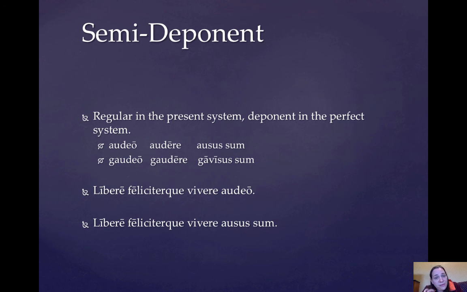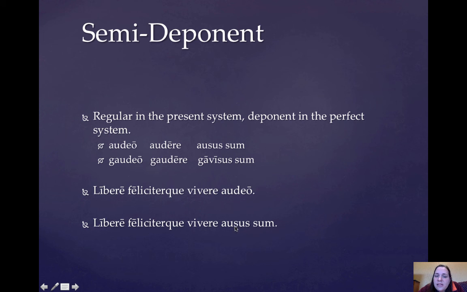But then in the perfect system, the perfect, pluperfect, and future perfect, they only have deponent forms. So audeō, audēre, ausus sum is one of them. So audeō, I dare. But ausus sum is how you would say I dared.